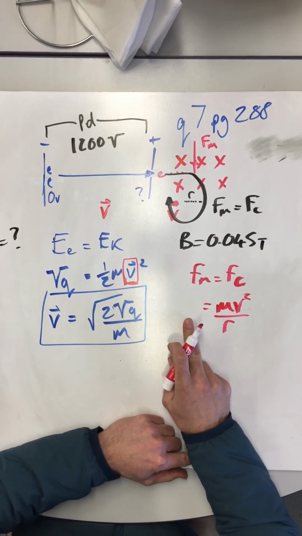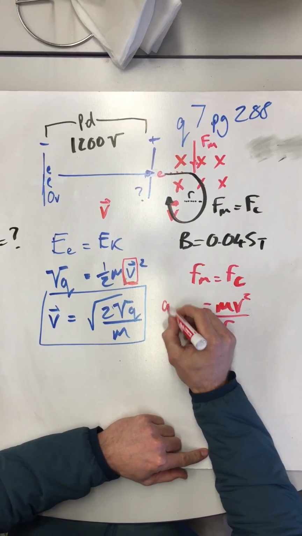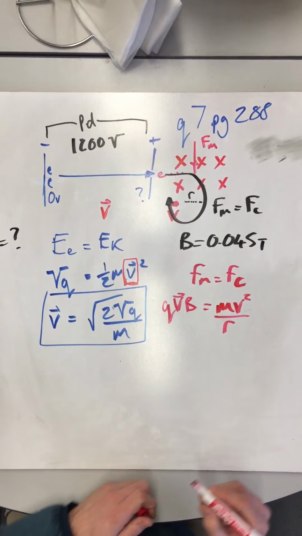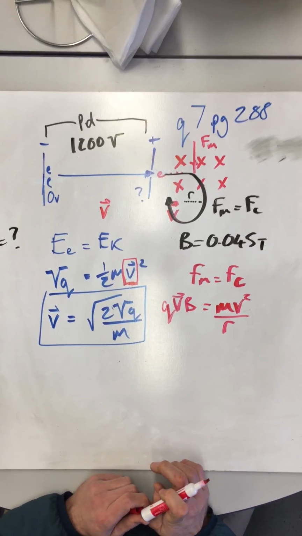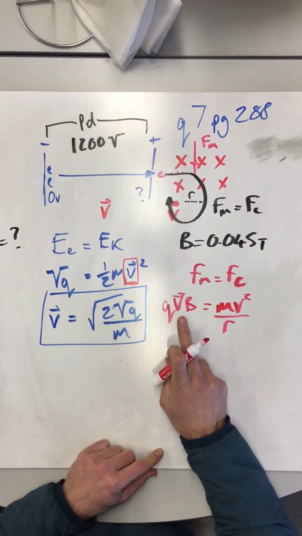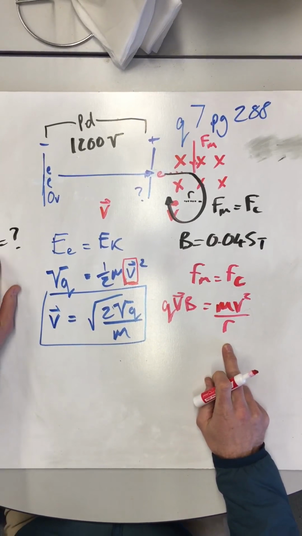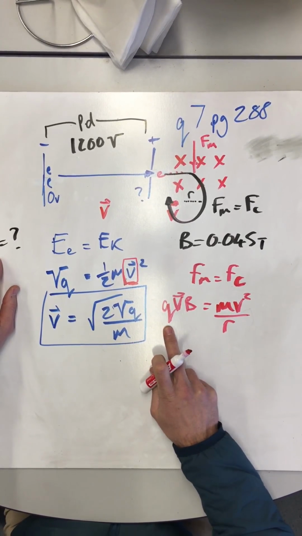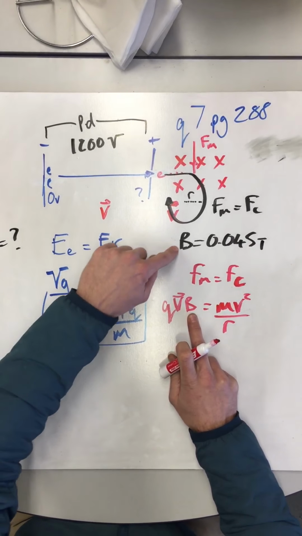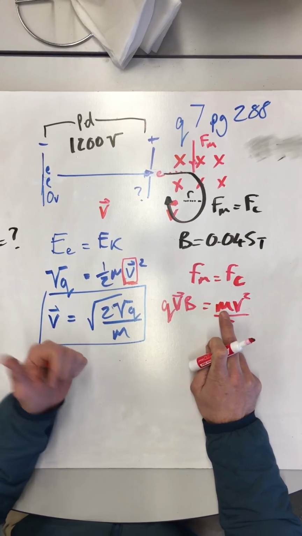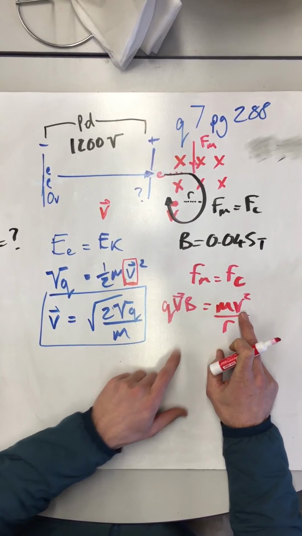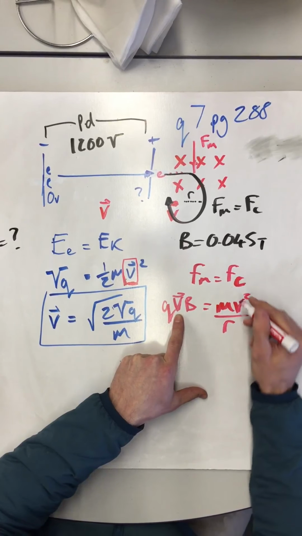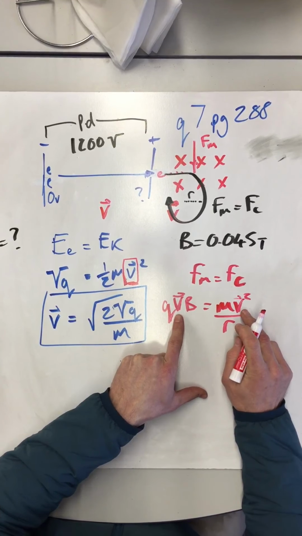And my force magnetic is, well, again, we've seen this in Unit B, but there it is, QVB. What am I trying to find out? Well, I'm trying to find out the radius. So there's my radius. Q is a given, B is given in the question, mass is a given, it's the mass of the electron, and the velocity is the one thing that I do not know here.